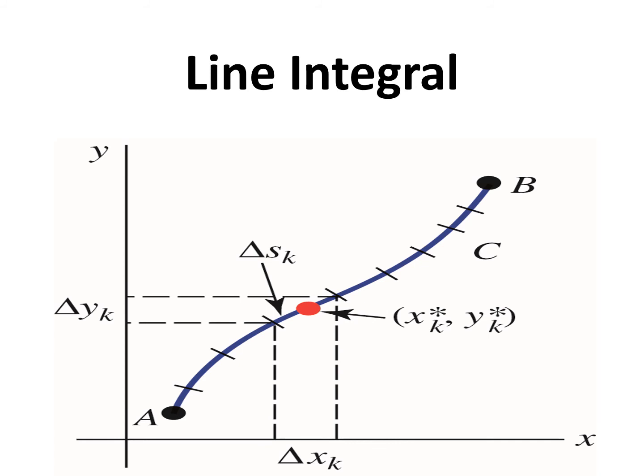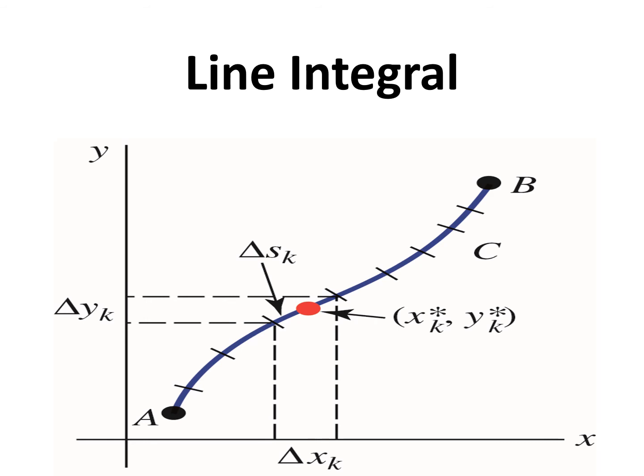In the line integral topic, basically we convert the domain of the x-axis into a domain as a curve. In this figure, the curve starting from A to B becomes the domain of the integral.